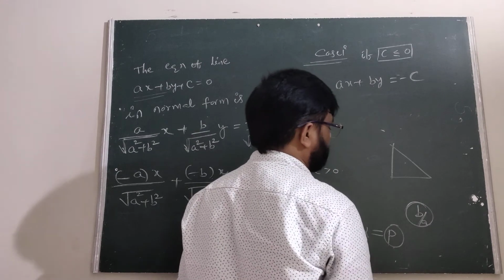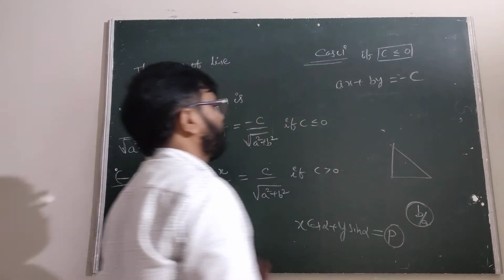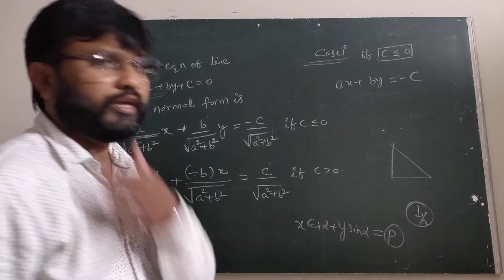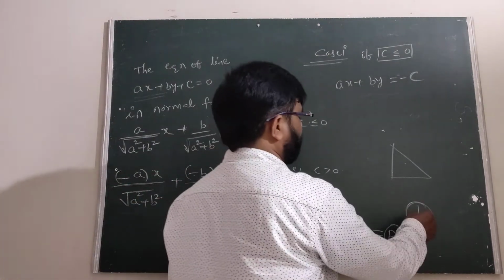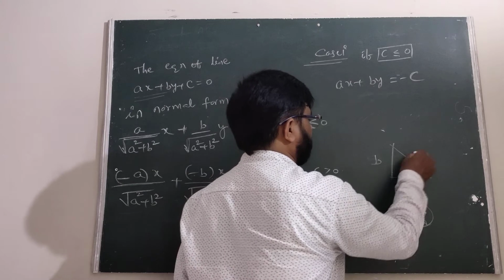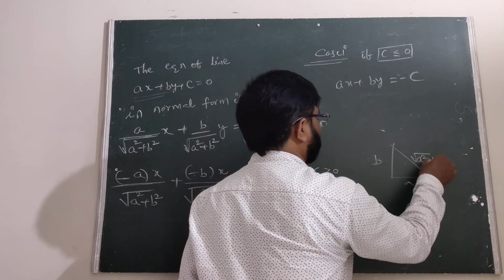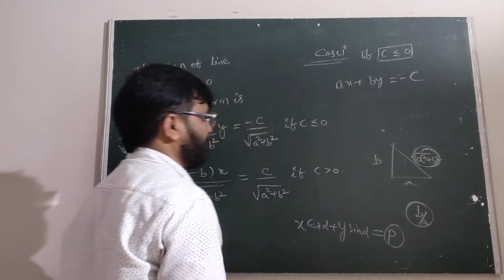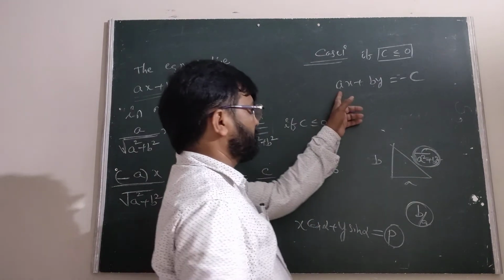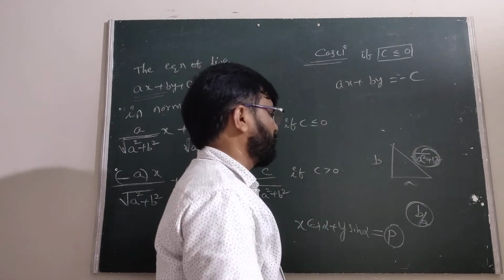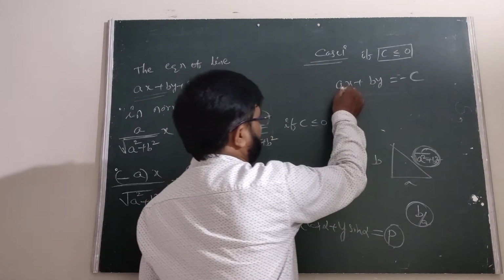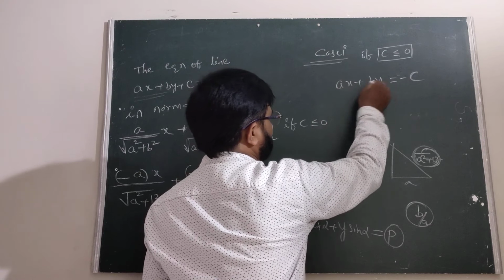Therefore the normal means b by a. This is b, this is a, and this is root of a square plus b square. Therefore we can write a by root of a square plus b square, b by root of a square plus b square. Now we can write this as cos alpha, x cos alpha plus y sin alpha.